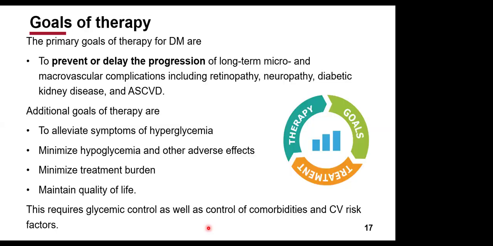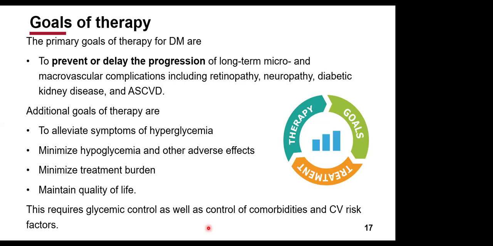So the primary goals of therapy for diabetes mellitus, one is we want to prevent or delay acute or long-term complications in these patients. And then additionally, we can try to make sure we alleviate the symptoms that they have.